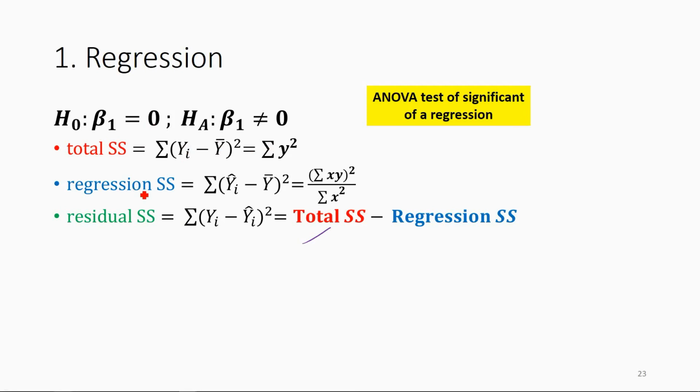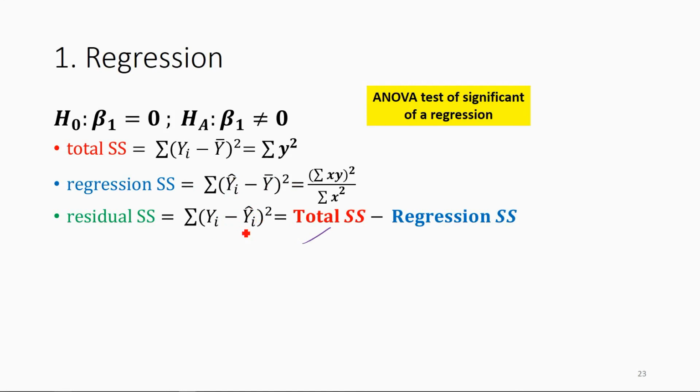And then you have the regression sum of squares, which is all the expected y values minus the mean. Then you have the residual sum of squares, which is all the values minus the expected, the difference.